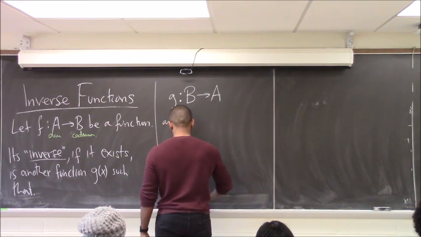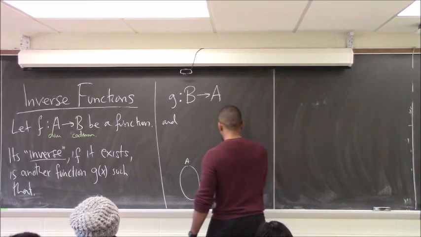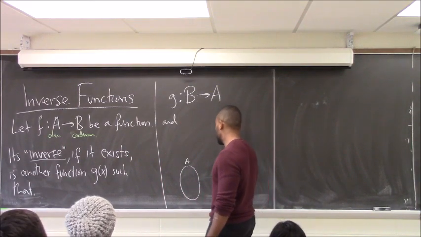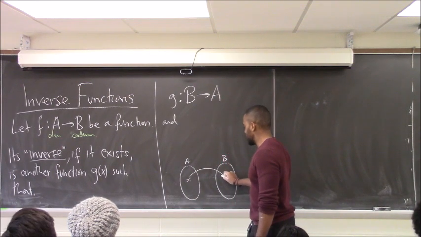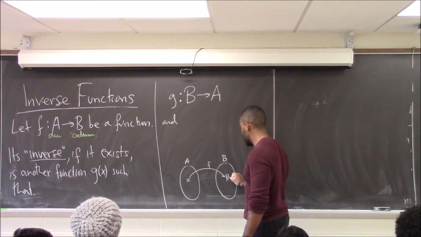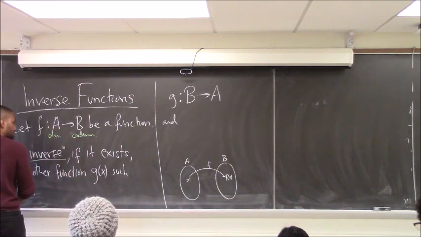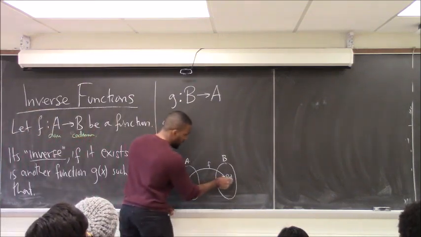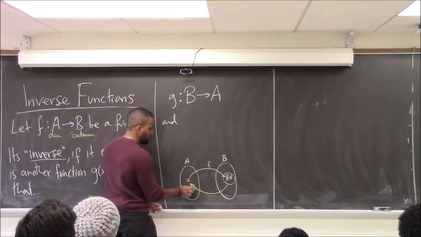Meaning, here's a set A, here's a set B. If I have some guy here, x, my f is going to take x and connect it to someone in B, which we normally call f of x. The inverse, if a function exists, for every such value, it will take that guy as input and bring it back to the original x.